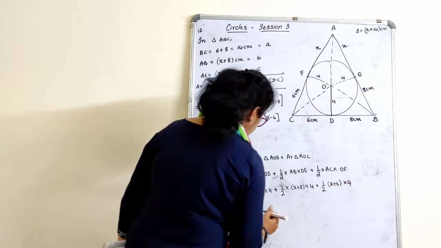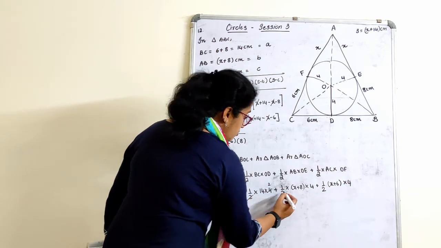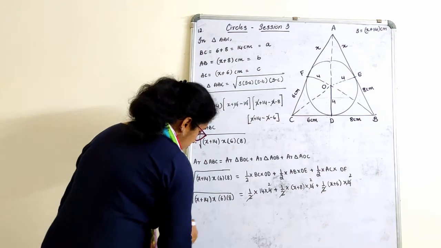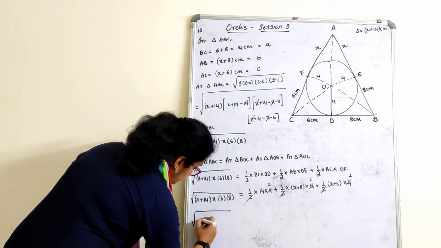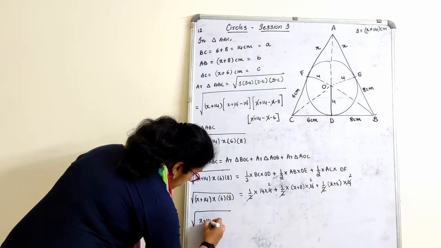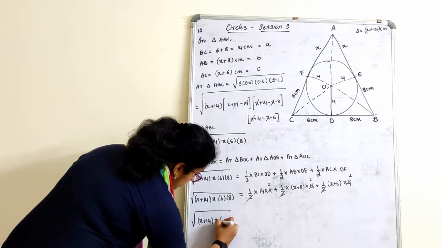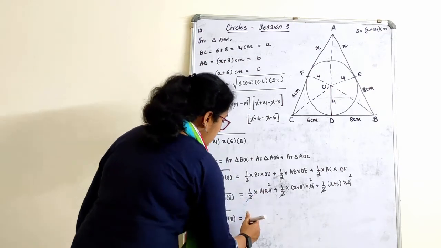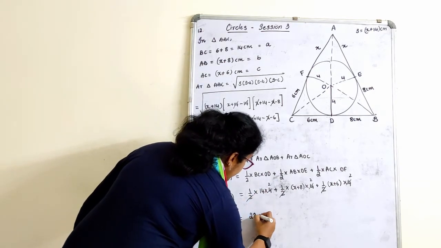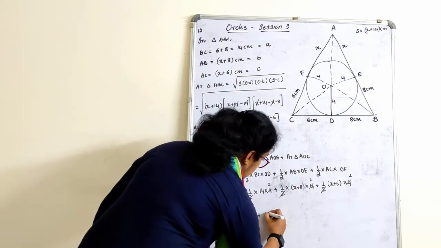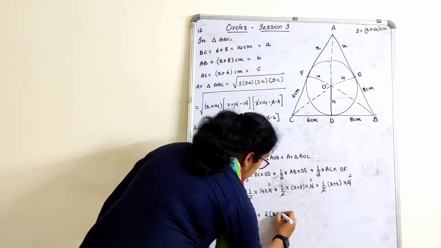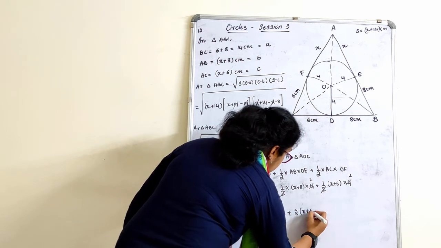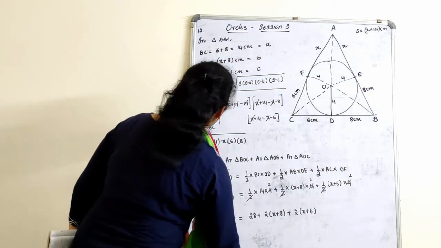OF is 4. Everywhere 2 ones are 2, twos are 2. So finally we get this as x plus 14 x of 6 of 8 is equal to 14 twos are 28 plus 2 of x plus 8 plus 2 of x plus 6, right?